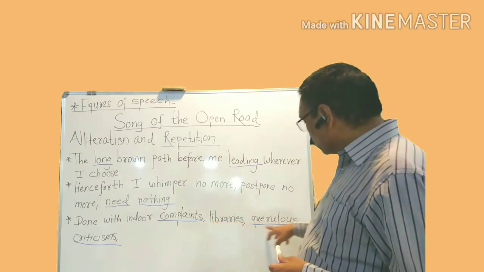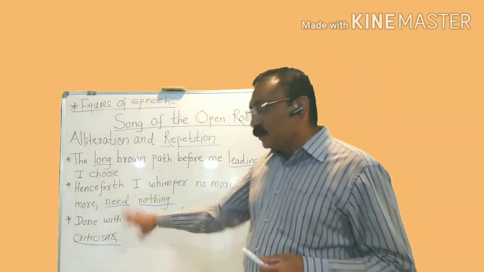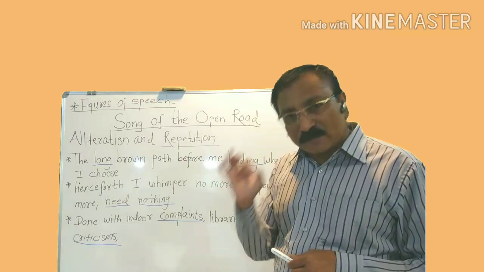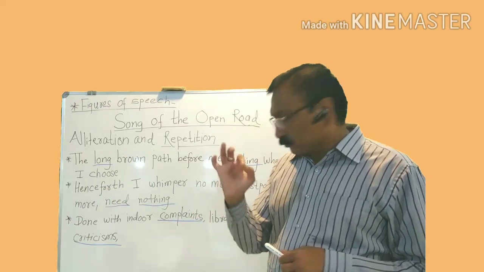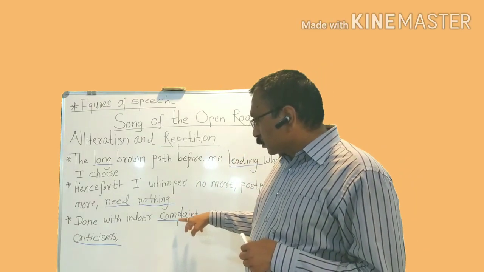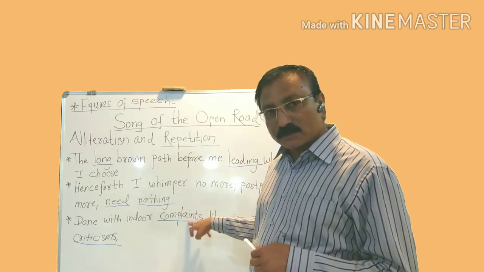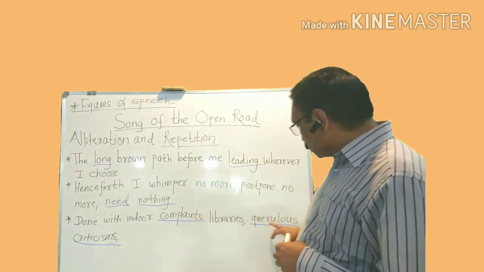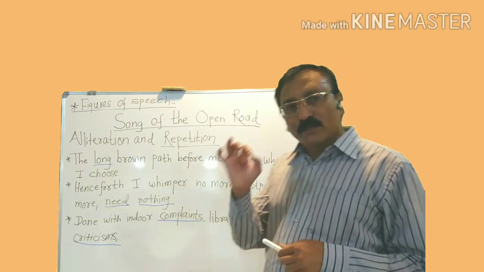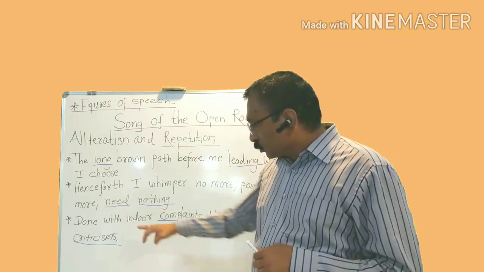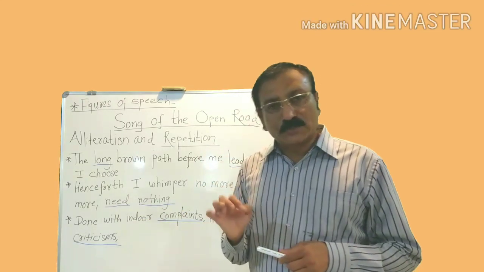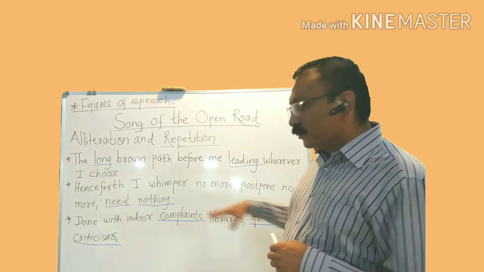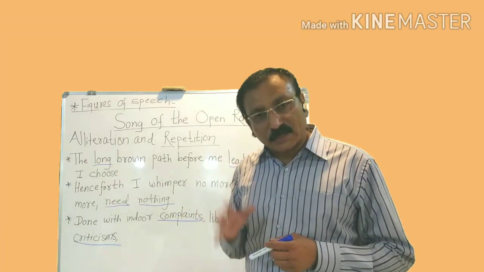These three words begin with the same sound, that is K. Complaints begins with K. Querulous also begins with the sound K, and criticism also begins with the sound K, and therefore this line is also an example of alliteration.